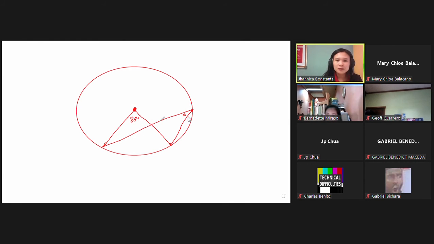So applying the property of the central angle, that means the measurement of angle A is half of our central angle. So half of 84 is equal to 42 degrees. That's the measurement of our angle A. That's how you can apply the angle at the center.